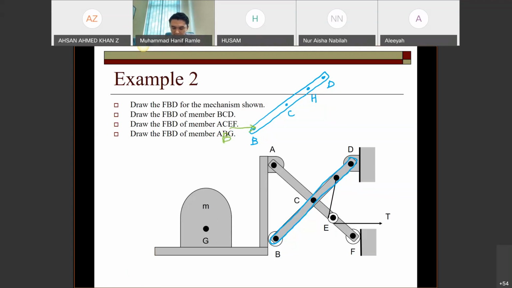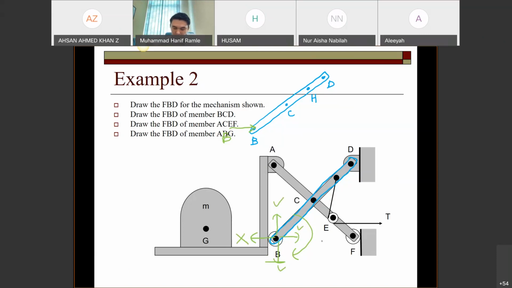If you consider this rigid body BC related with this beam, for example, this BC can rotate, can go up, can go down, can go right, but cannot go left.